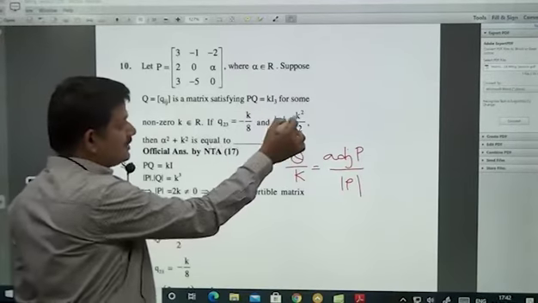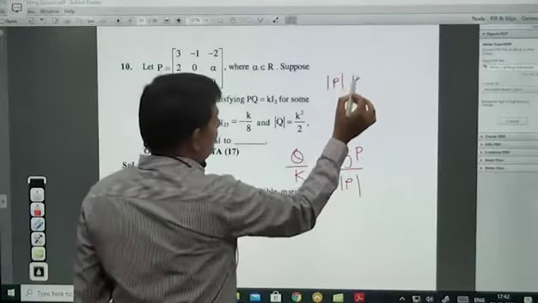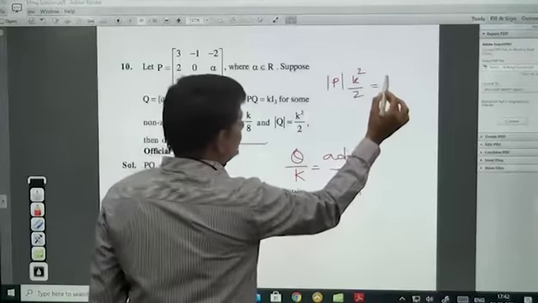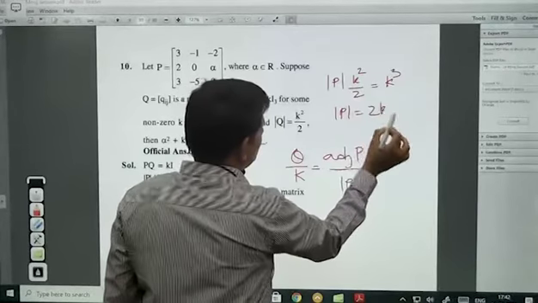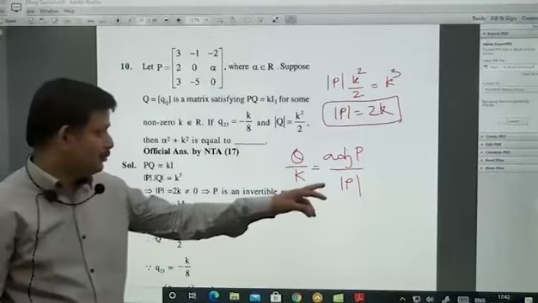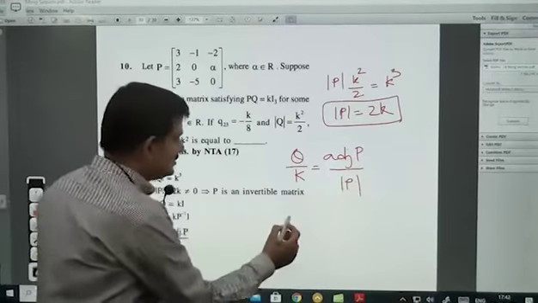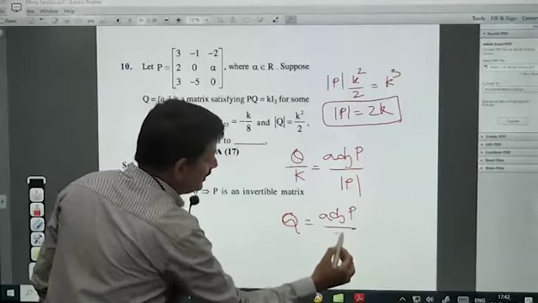Det Q is given as k square by 2, so det P into k square by 2 is equal to k cube. So det P is 2k. Very good question. 2k you will write, k cancels. So Q is equal to adjoint P divided by 2.